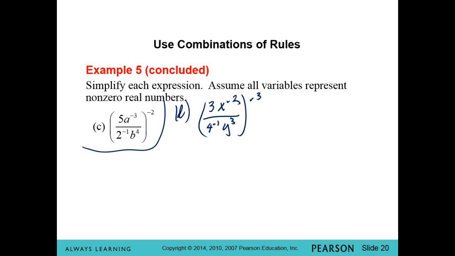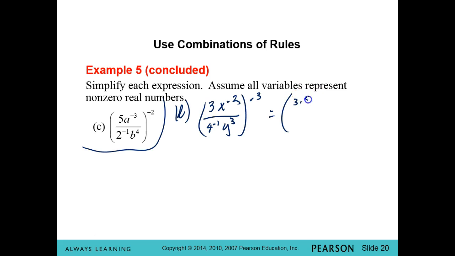Anybody? Speak up. Say again? Lose the 3 on the top? Okay. He's going to deal with what's inside the parentheses first. That's fine too. It works just as well. 3 will stay on the top.